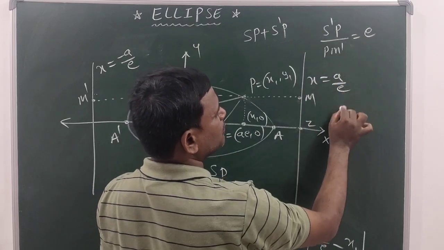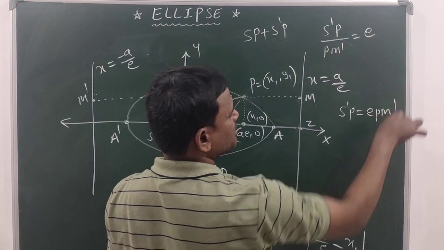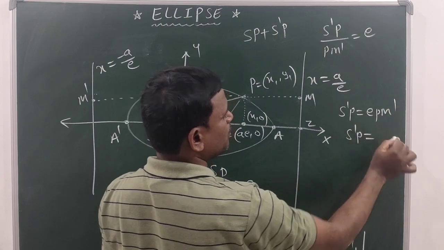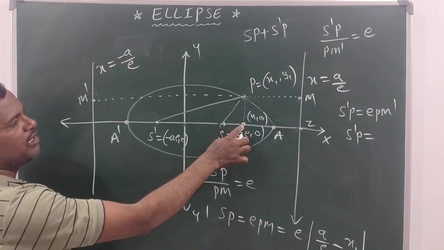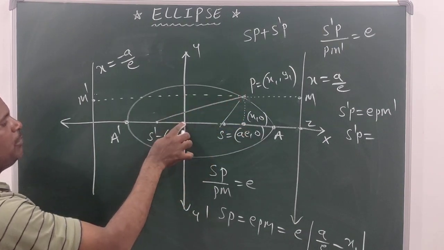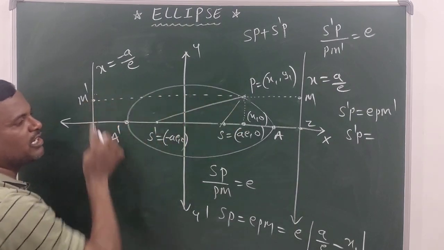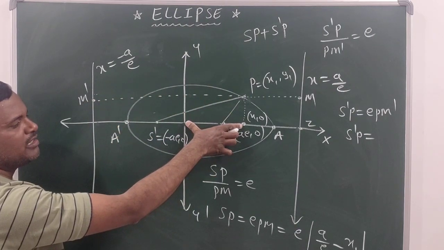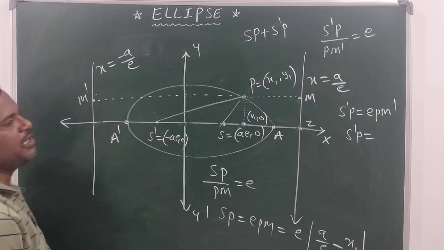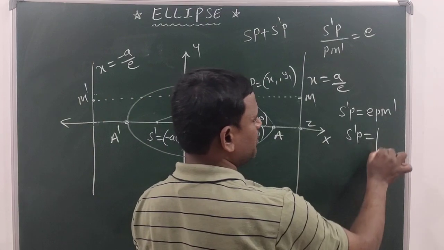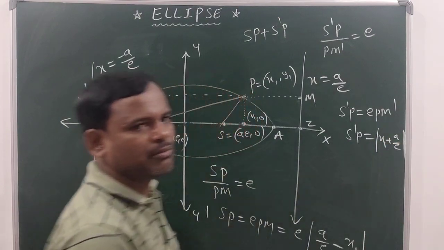If you simplify this, what do you get? S dash P is equal to E of PM dash. Now PM dash value will be how much in this figure? From here to here it is x1, and from here to here it is A by E. I want the total length, so I should add this length and this length. This is x1 and this is A by E. So x1 plus A by E.